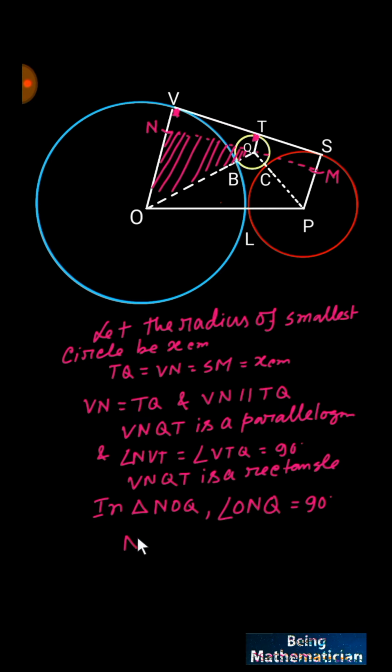So NQ is equal to root over OQ square minus ON square.